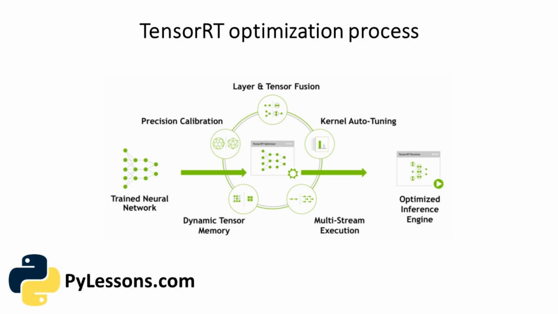TensorRT integration with TensorFlow lets us apply optimizations to our TensorFlow models with a few lines of code, I mean, to convert that model. With TensorRT, we can get up to 8 times higher performance than using only TensorFlow. The integration applies optimizations to the supported graphs, leaving unsupported operations untouched to be natively executed in TensorFlow.